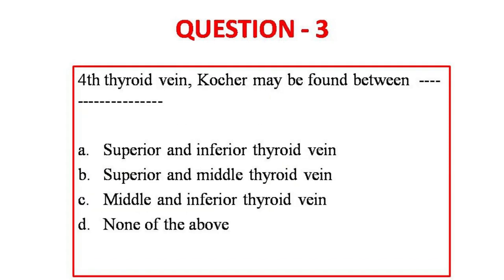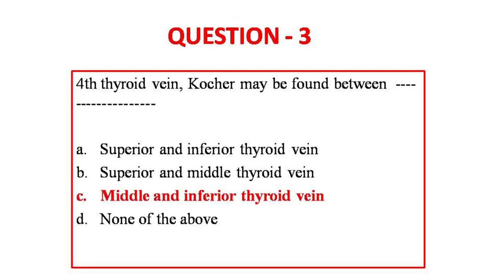So question 3. The vein of Kocher may be found between, they have given us 4 different options: superior and inferior thyroid vein, superior and middle thyroid vein, middle and inferior thyroid vein, and none of the above. The answer is middle and inferior thyroid vein.